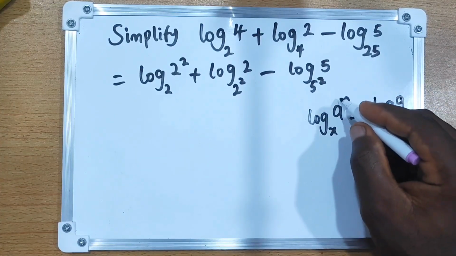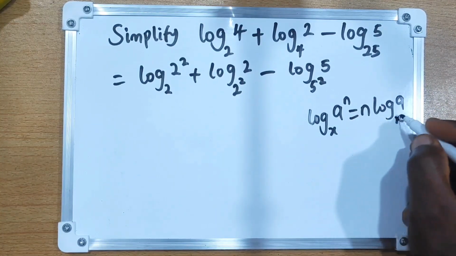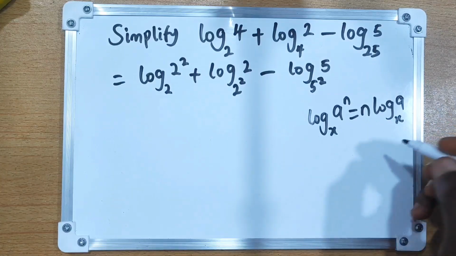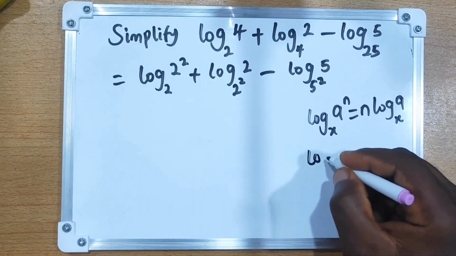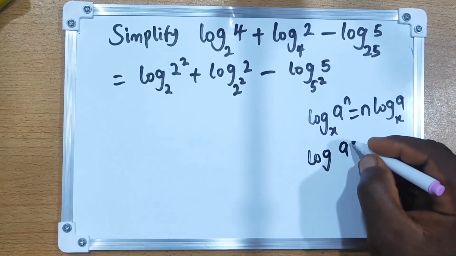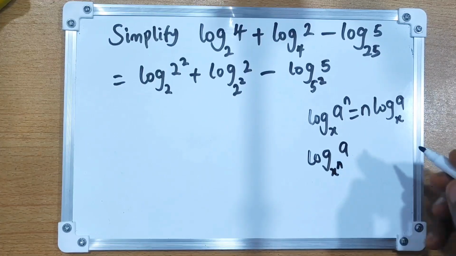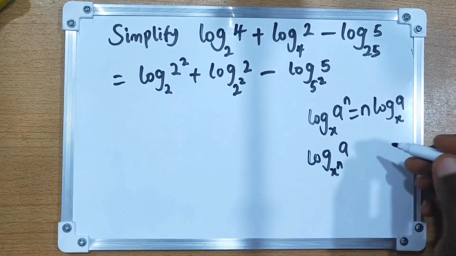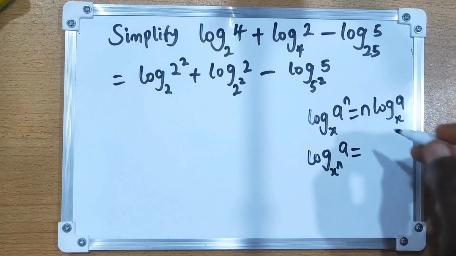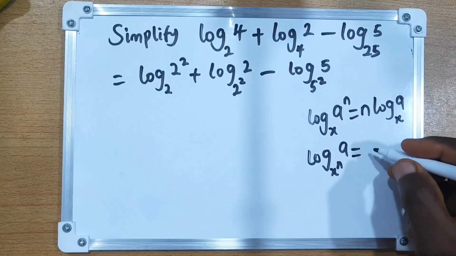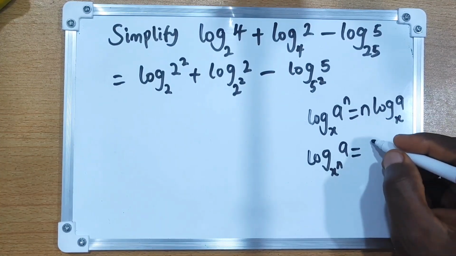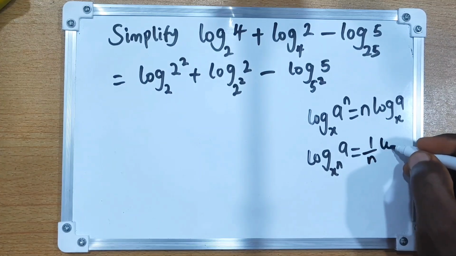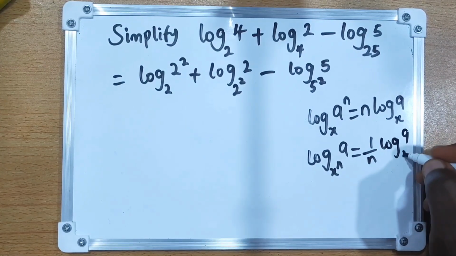The power comes behind the logarithm to become a coefficient. And there's another law that says when you have the power at the base, you can also transfer it, but it's going to become the inverse of that number. So it's going to be 1 over n log a base x.